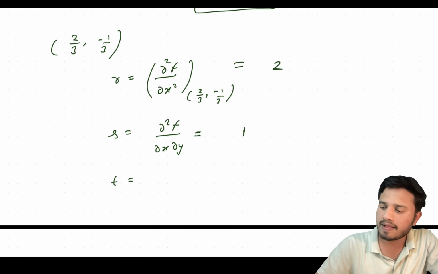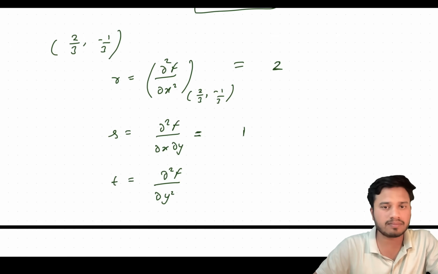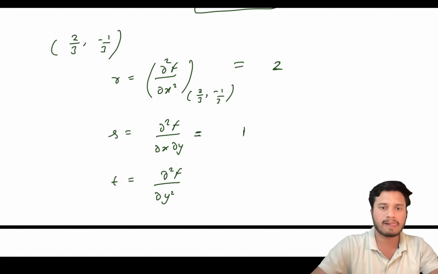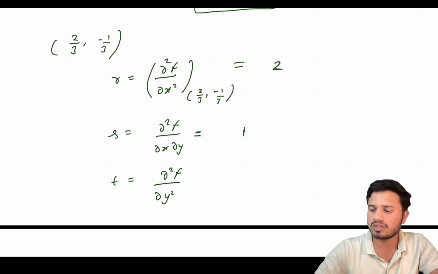Then t. Again, there are some values to put in at this critical point; I don't have any value, it's a constant.